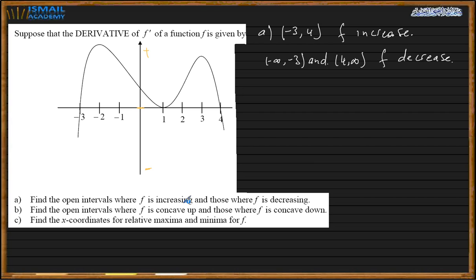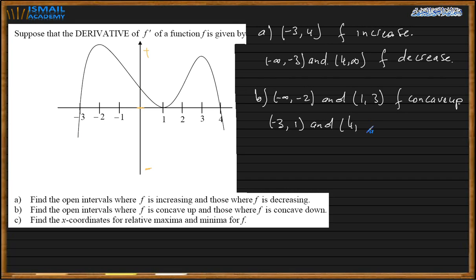In that case, concave up, from minus infinity till minus 2, and you see, when the derivative increases, we're talking about concave up. So minus 3, 1, and 3 to infinity.